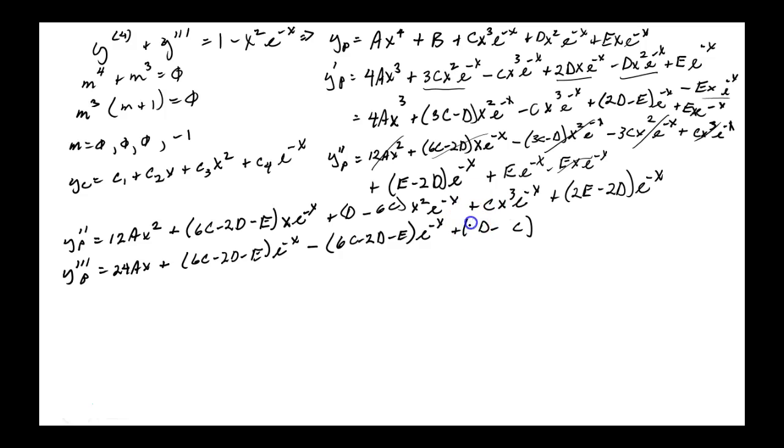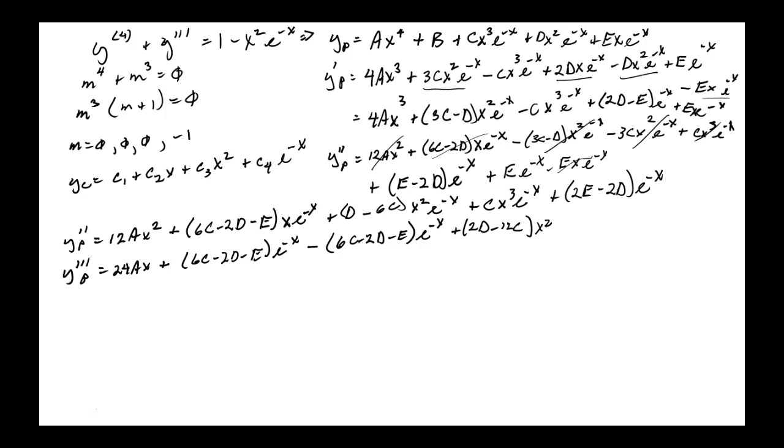That's a 2d minus 12c times x, e to the minus x. That's x, not x squared.